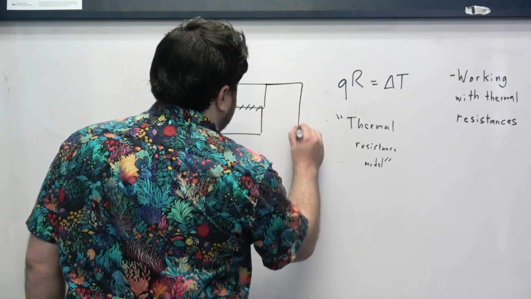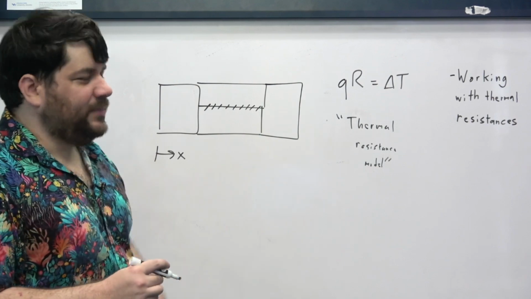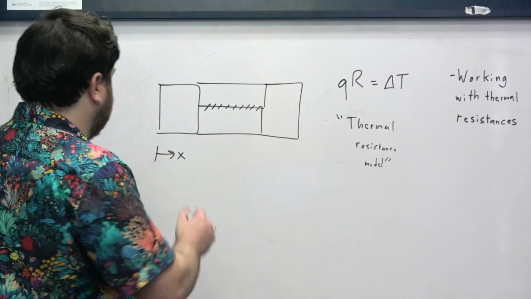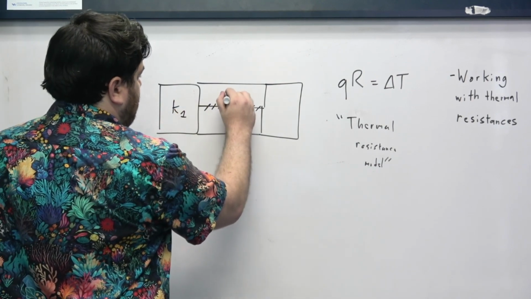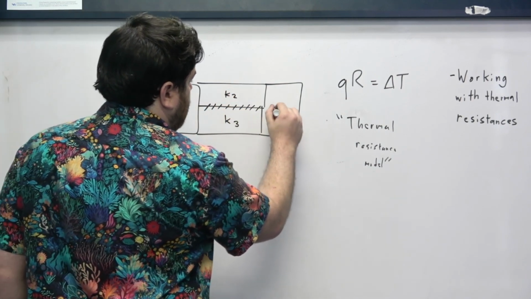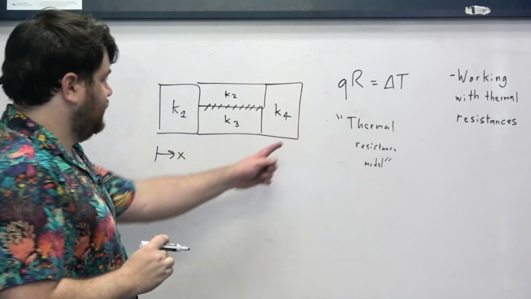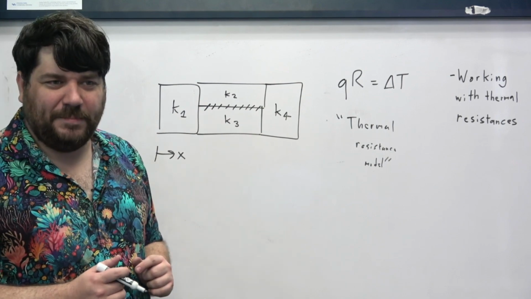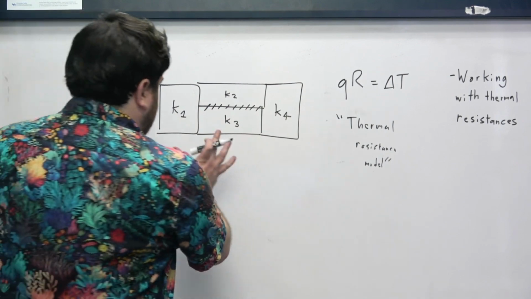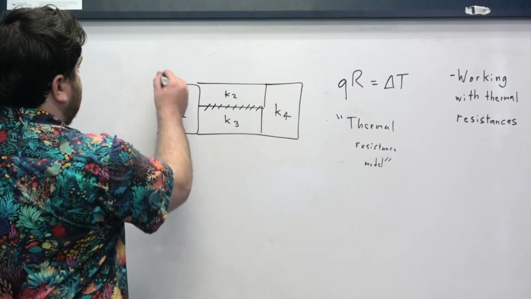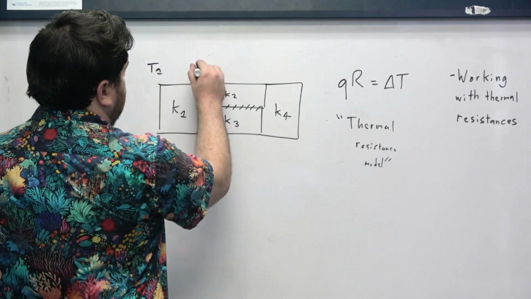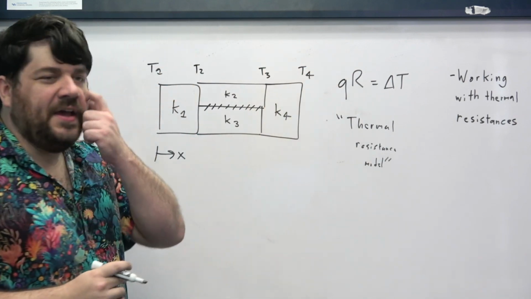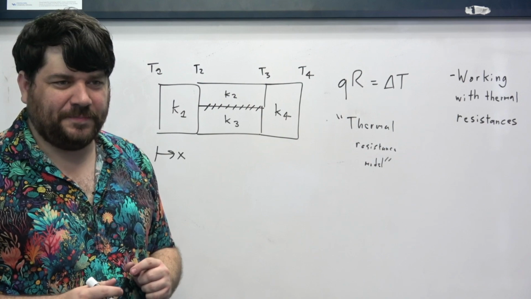And then these things then maybe combine like this. So you have a wall, the wall splits into two different materials. And this is the setup, okay? And if this is your setup, and let's say that we know T1, T2, T3, and T4, if we set it up this way, how can we convert this into a thermal circuit?